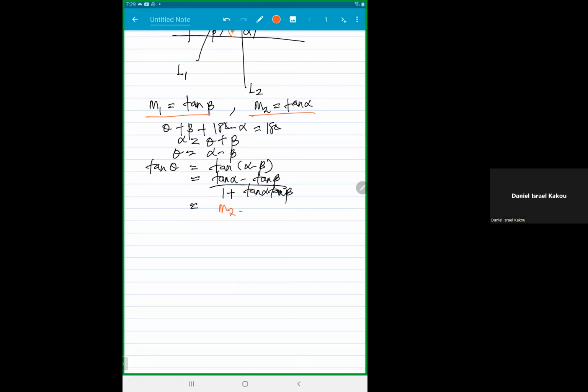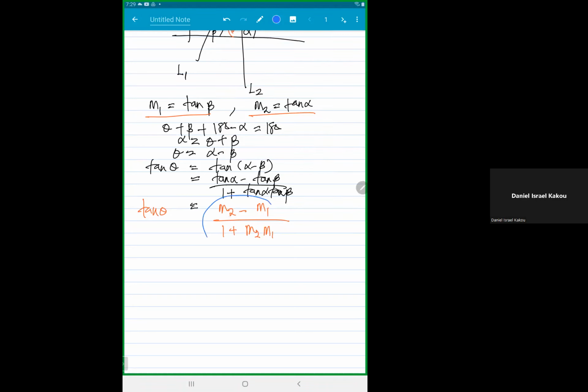So I have M2 minus M1, divided by 1 plus M2 times M1. This gives me what tan of theta is. Because we already knew the two lines, we already knew the gradients M1 and M2, so we are able to find the whole of this value.